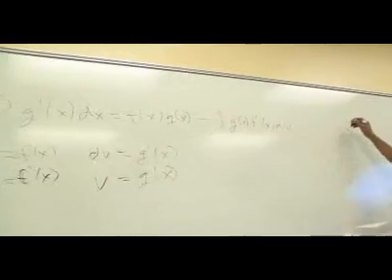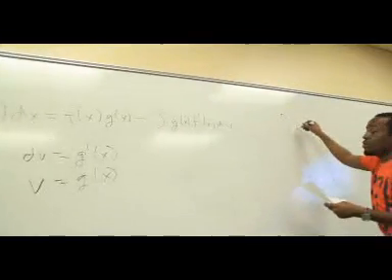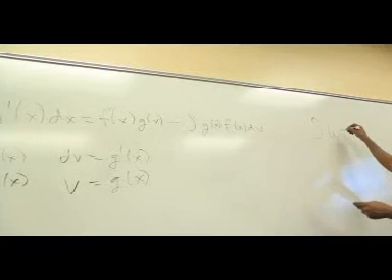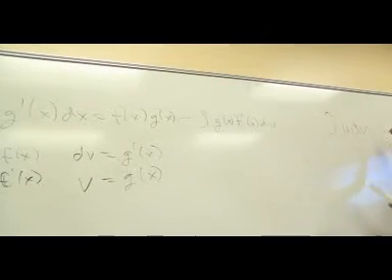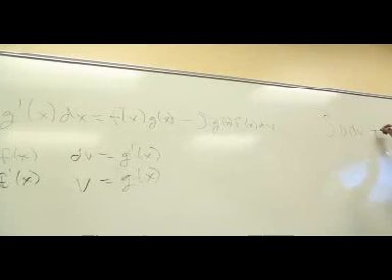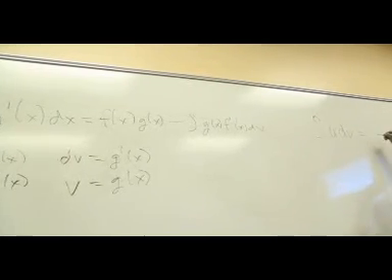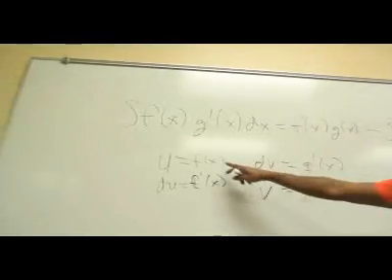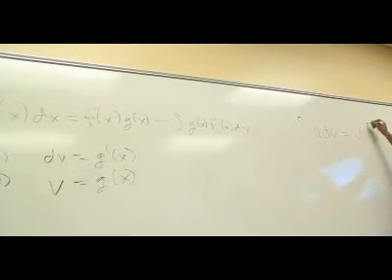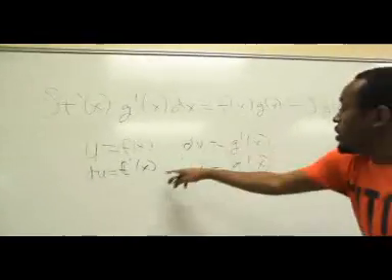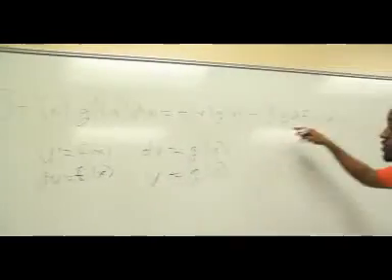Our integral of f of x g prime of x is the integral of u times dv, which equals u times v minus the integral of g of x times f prime.